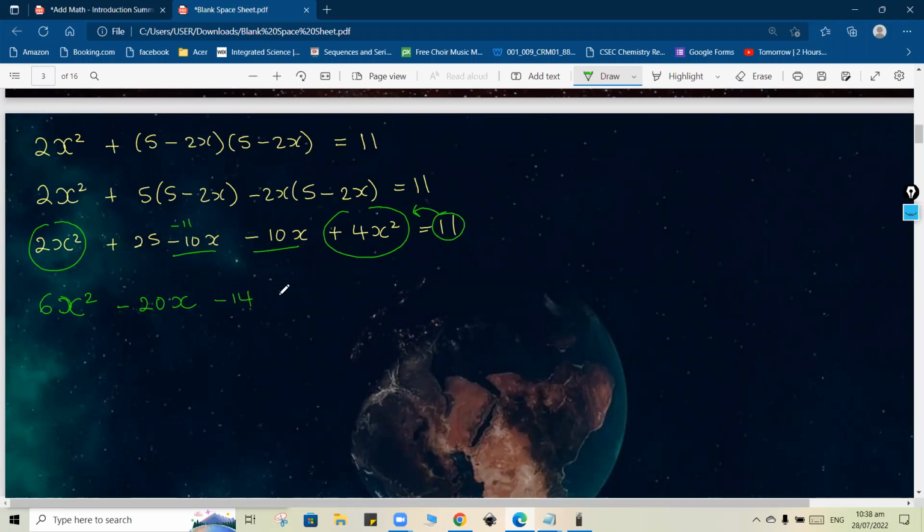Did anybody get this for the simplified version of the quadratic? It's positive 14 minus 20x plus 6x squared. How does that look? Looking correct so far? If you made a slight mistake, go back and check your working and it should be okay. And now what you need to do is solve this quadratic.